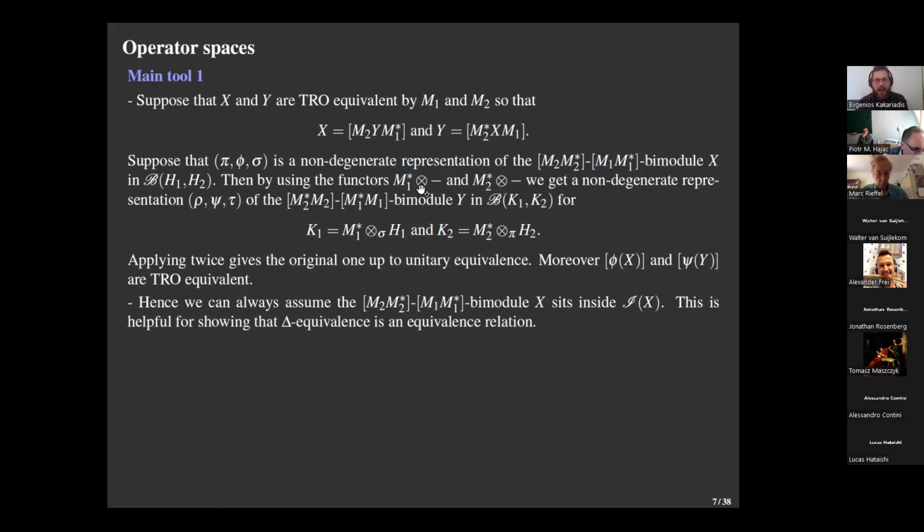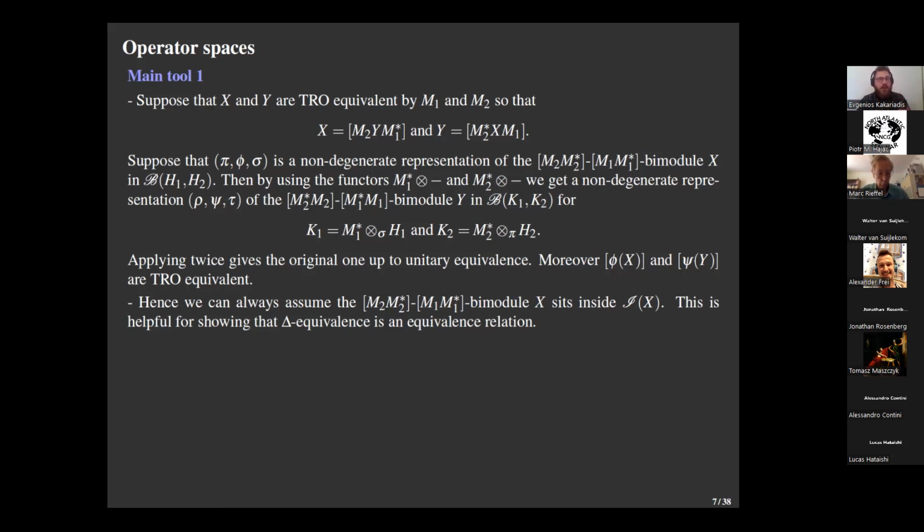And then by applying this trick, like you take M1 star tensor H1 and sigma acts from M1 star on B of H1, it gives you another Hilbert space. And applying twice, you get the original one up to a unitary equivalence. Okay. So in that way, what you deduce is TRO equivalent images.